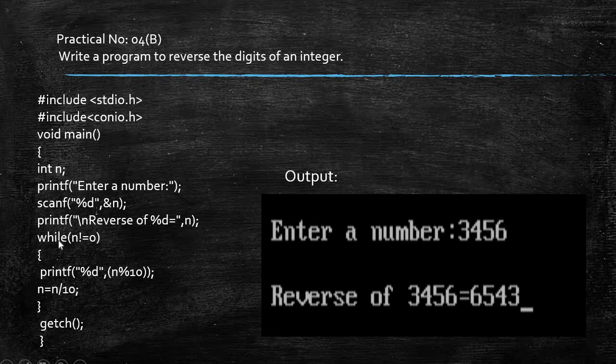Now after that my while statement: if n is not equal to 0, then we want to find the modulo of that n variable by 10. Then it will get divided by 10 and that answer gets stored within the same variable. And over here I have completed my braces. Now you can see the output. Whichever number the user enters, it will reverse that number.